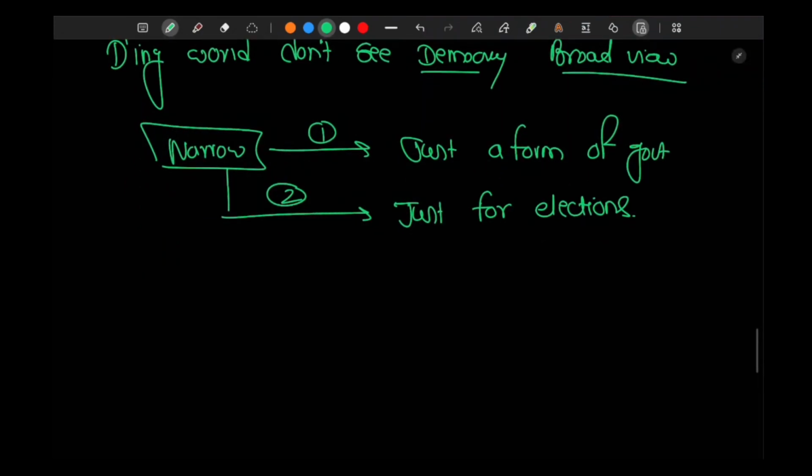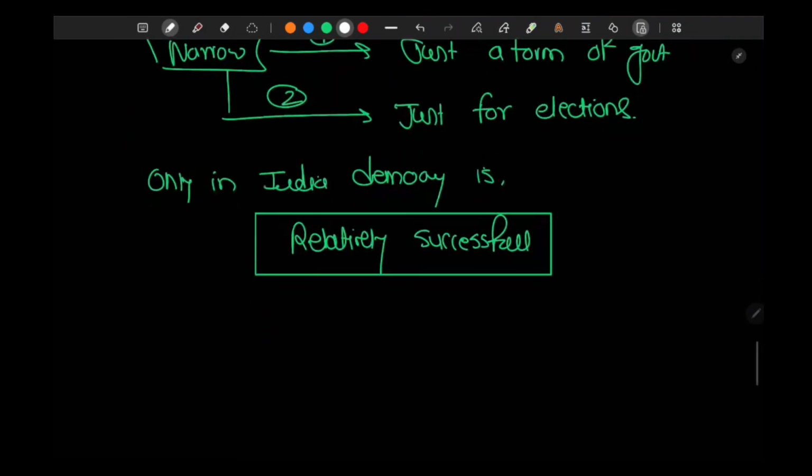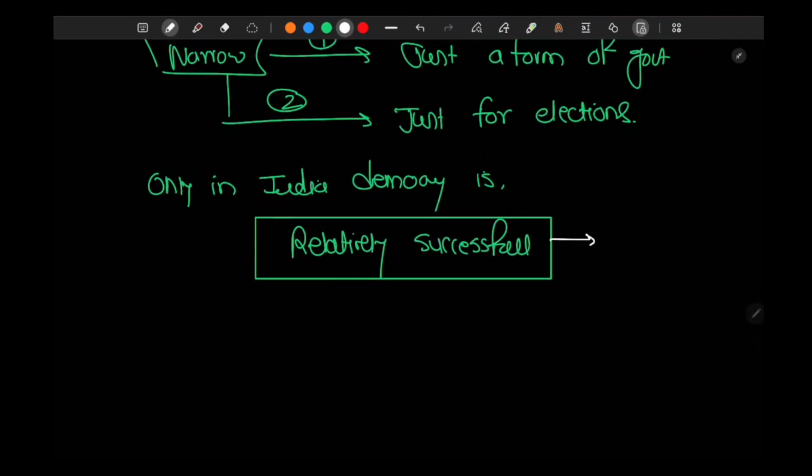So we can say that only in India is democracy relatively successful. It is not fully successful. Why is it not fully successful? Because, as we have seen, on average at least twice a year the center imposes President's rule on some state.